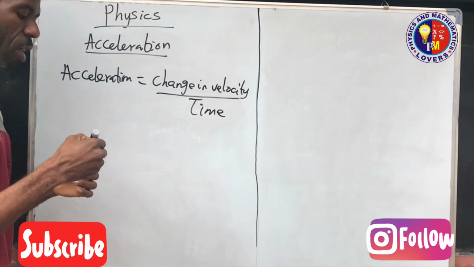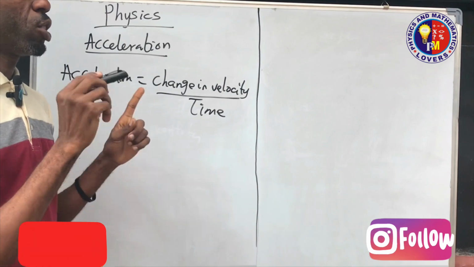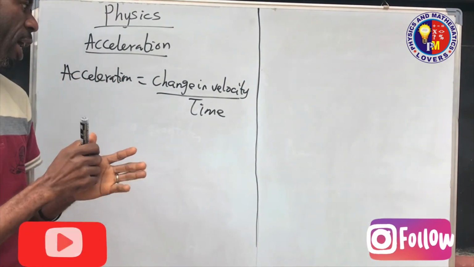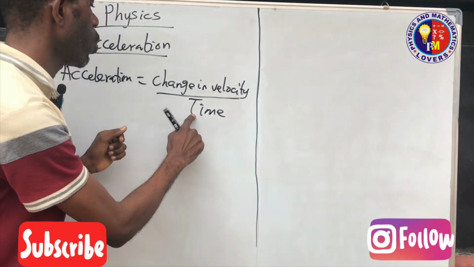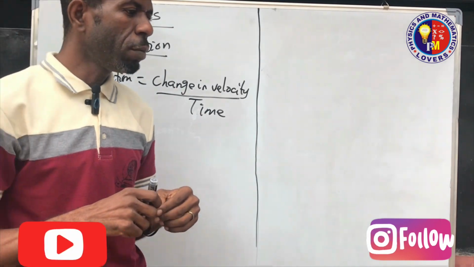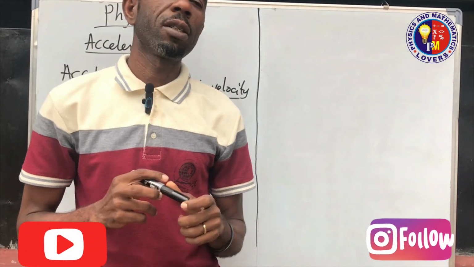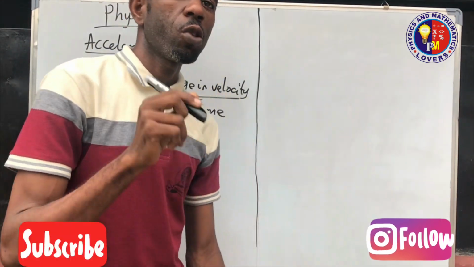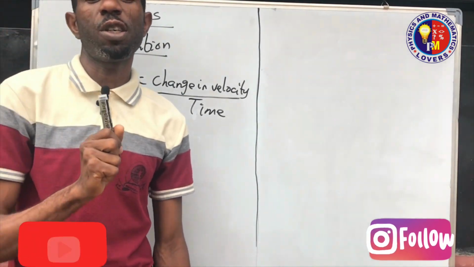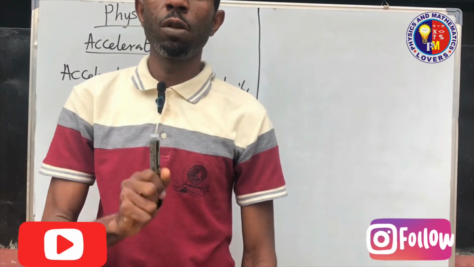When we talk about the rate of change of velocity, it simply means change in velocity with respect to time. So, acceleration is measured in meter per second squared. That is the SI unit. Another thing you need to know about acceleration is that its unit is meter per second squared.